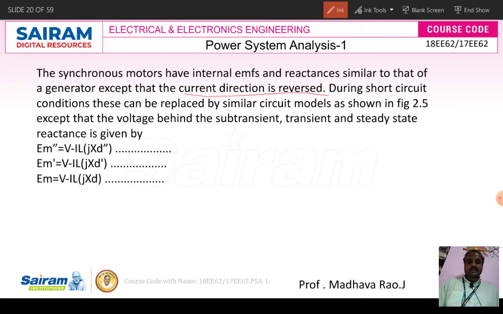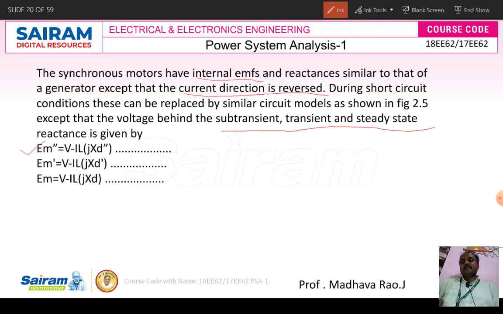During short circuit, the machine can be replaced by a similar circuit as shown in figure 2.5. As in the previous figures A, B, C, the voltages are in the three regions: subtransient, transient and steady state, with reactances Xd double dash, Xd dash and Xd. How can we write the induced internal EMFs of the synchronous machine working as a synchronous motor?